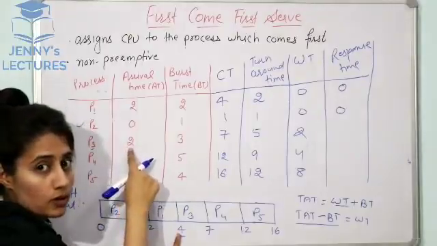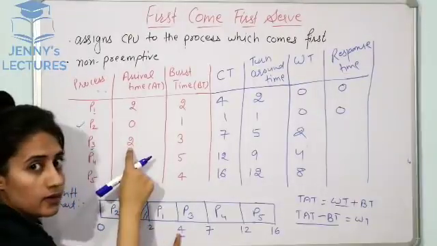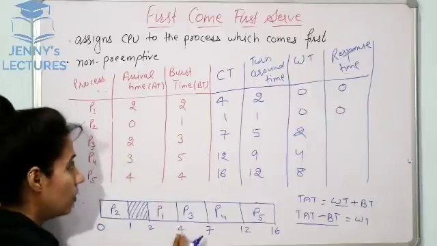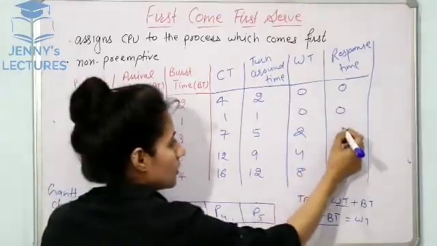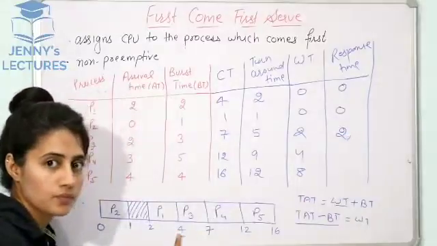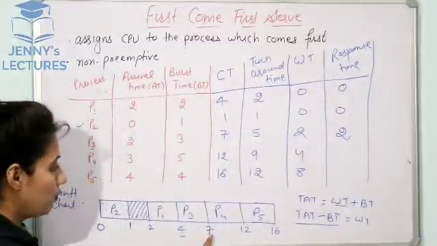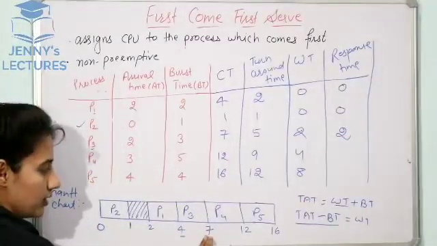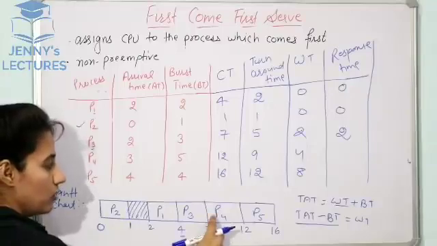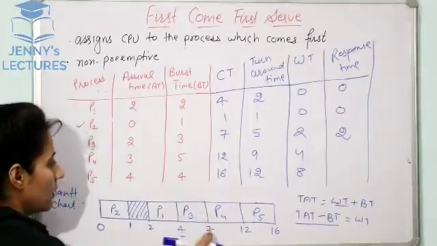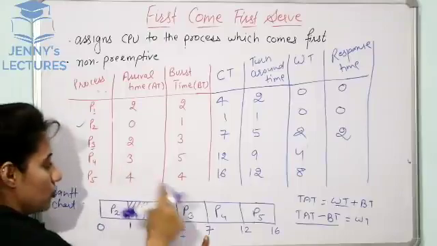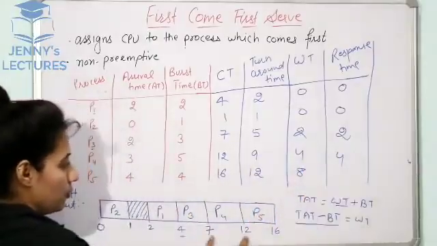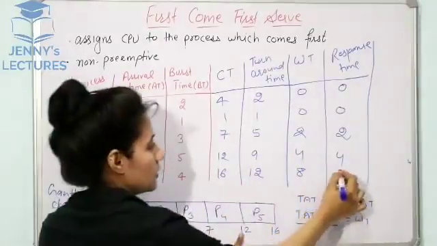So P3 was in waiting state for 2 seconds. 4 minus 2, that is 2. Okay. And now for P4, at 7 the CPU has been allocated to P4 first time, and P4 has come at time 3. So 7 minus 3, that is 4. For P5 it will be 12 minus 4, that is 8.